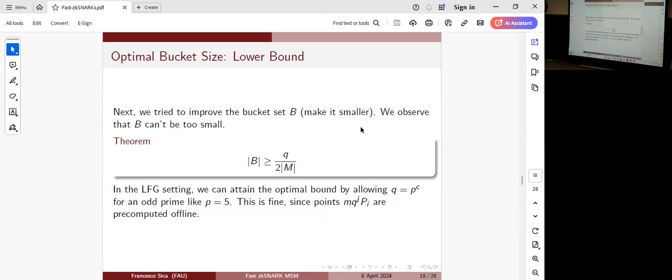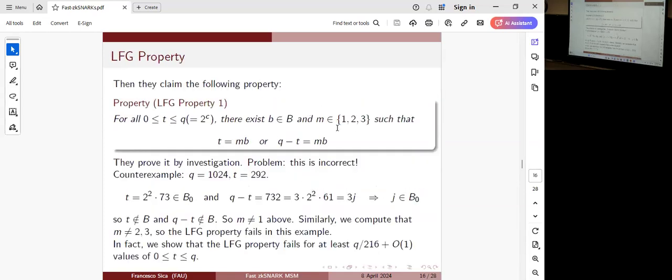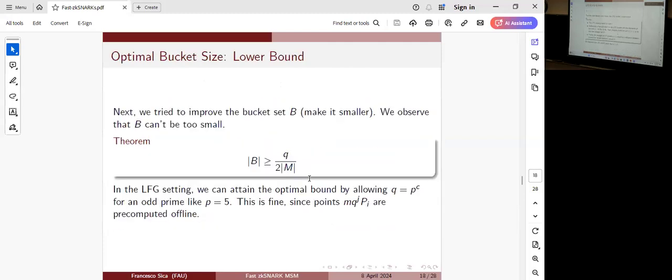You don't have enough elements in the product otherwise. So this cardinality argument shows that B has to be at least Q over 2 times the size of the multiplier set. So in particular, when M is 3, like in here, the size of B is at least Q over 6.